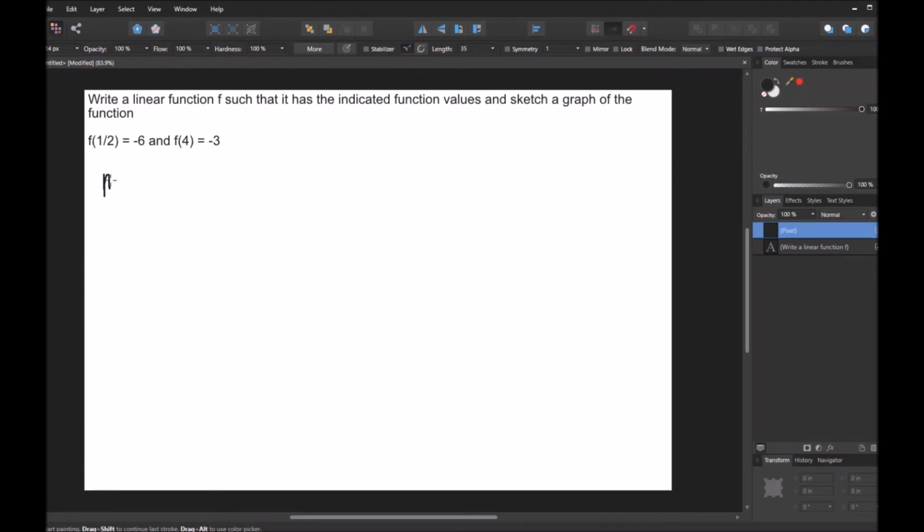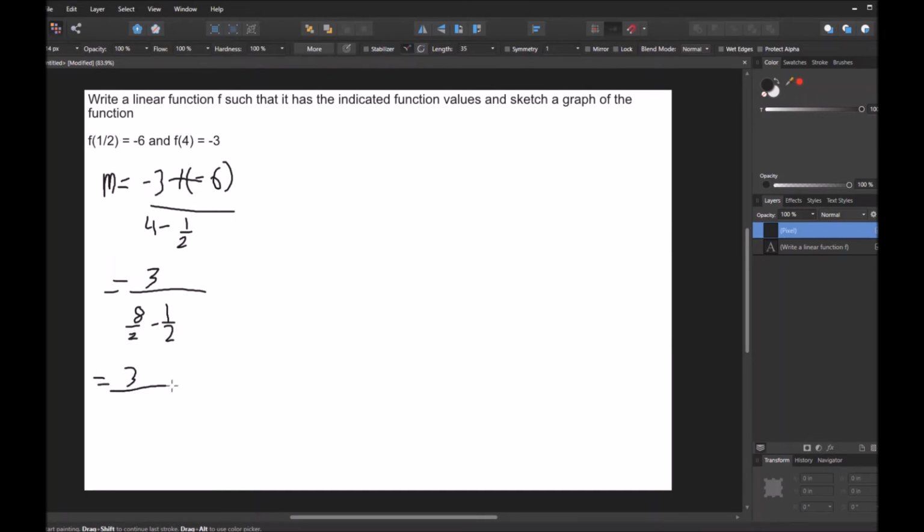So I'm going to start off by finding the slope. m equals negative 3 minus a negative 6 over 4 minus 1/2. Now minus a negative becomes a positive, and this becomes negative 3 plus 6, which is 3 over 8/2 minus 1/2. I did that to get them into like denominators so I could actually do the subtraction.